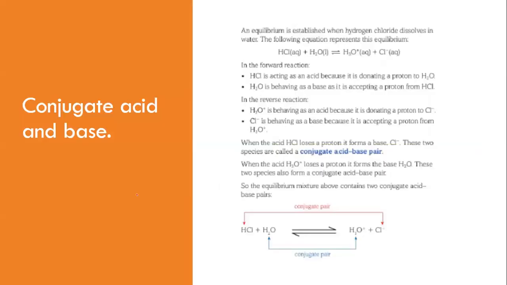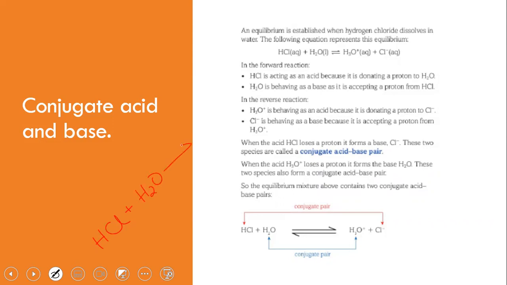Now, there are certain substances that are known as amphoteric substances. What are amphoteric substances? Amphoteric substances are those substances that can act as an acid as well as a base. What do I mean by that? One of the substances that is considered to be amphoteric and is really common is water.